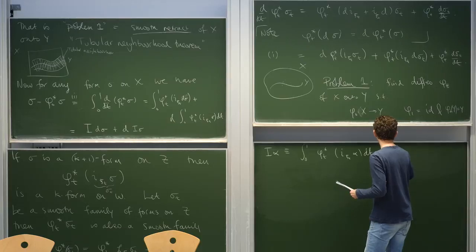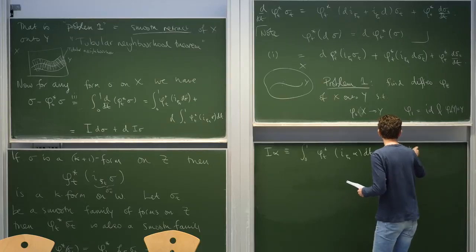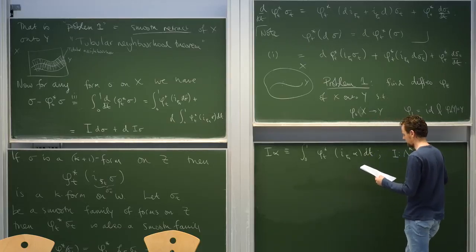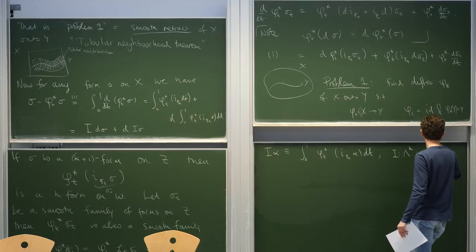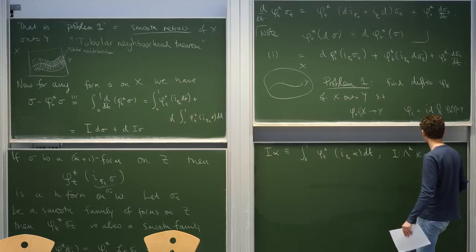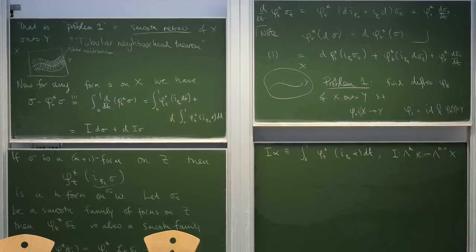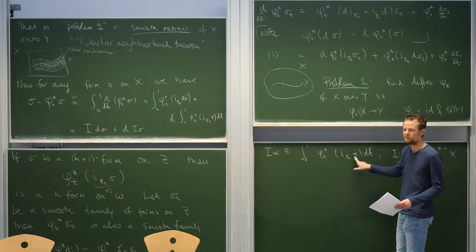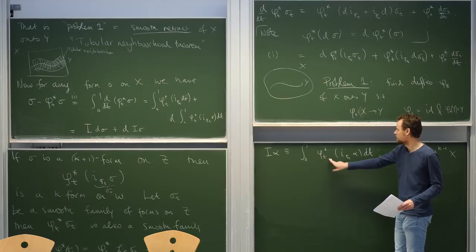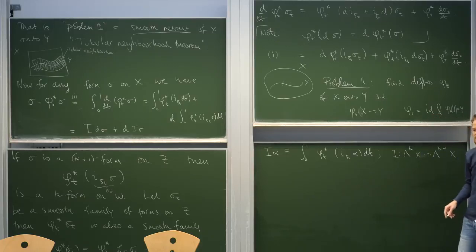So that means that I is a map from k plus 1 forms down to k forms. You give it a k form, it drops its order by 1 with this interior product, and then pulls it back to another k minus 1 form.